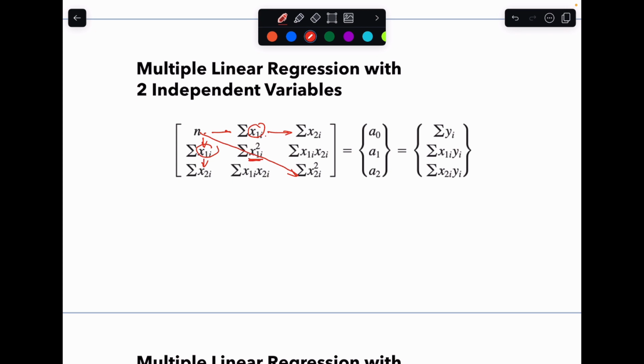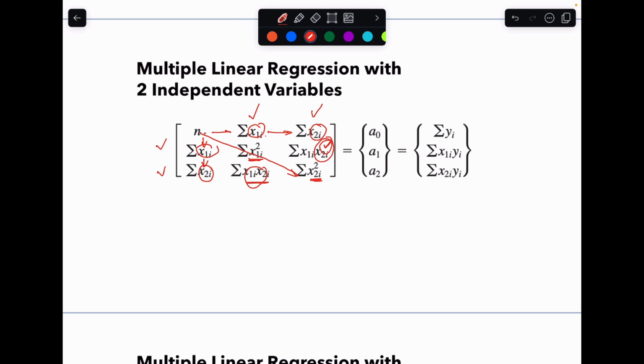The same is true with this one, x sub 2i times x sub 2i, so we have x sub 2i squared. To get this one, that is the product of x sub 1 and x sub 2, so we have x sub 1i, x sub 2i. For this term, we multiply x sub 2i and x sub 1i. That's how we form the given matrix.